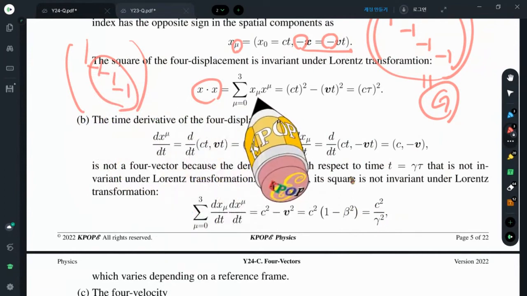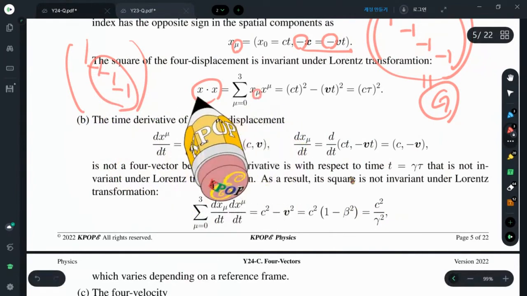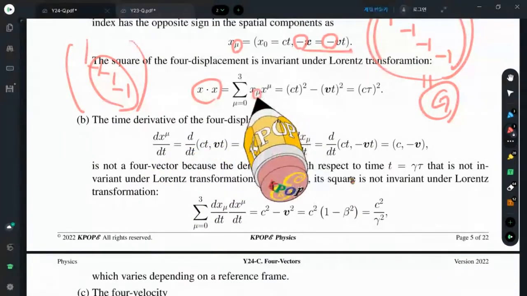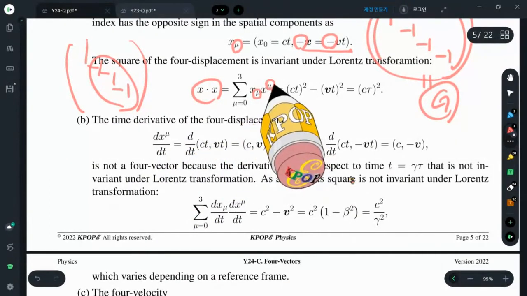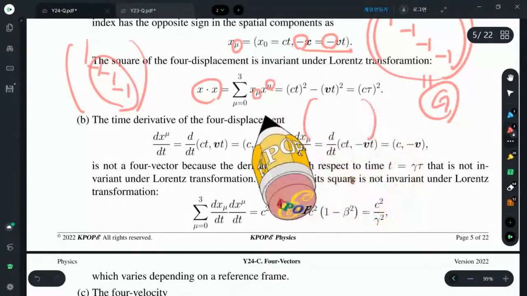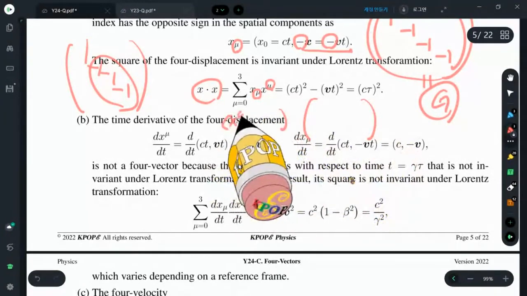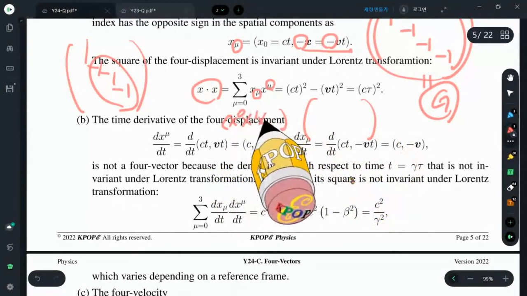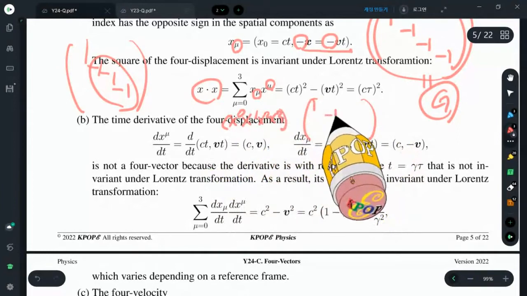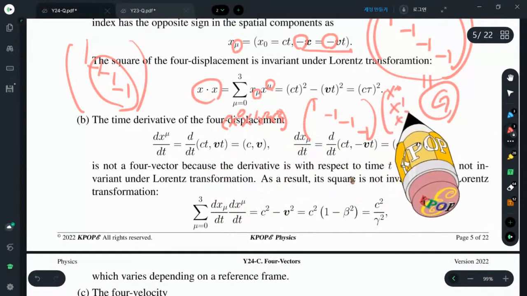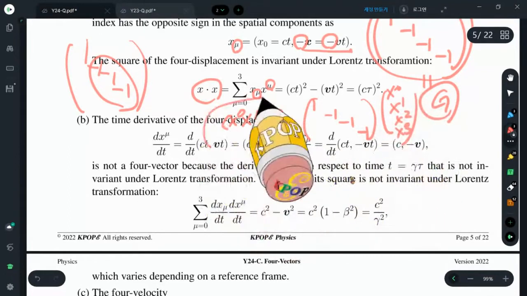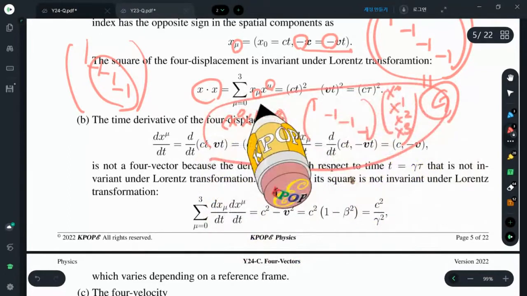That's the reason why one component has a lower index and the other one has an upper index. In this way, it is effectively the transpose of x0, x1, x2, x3, times the matrix diag(1, -1, -1, -1), times x0, x1, x2, x3. This is effectively the same.